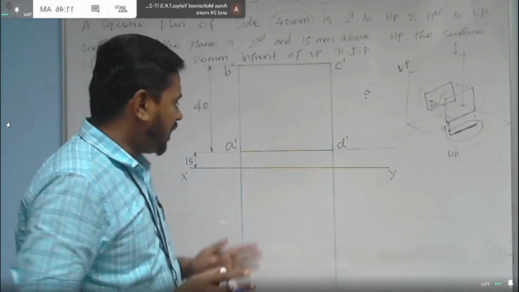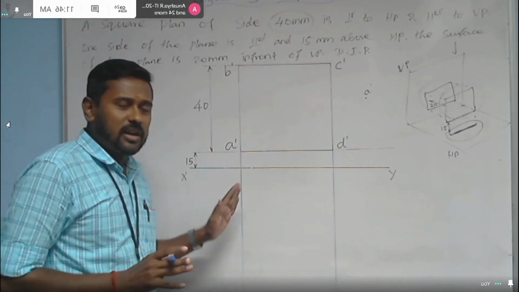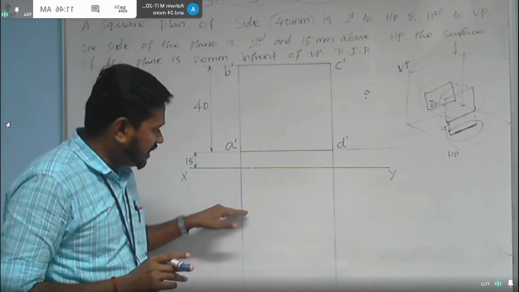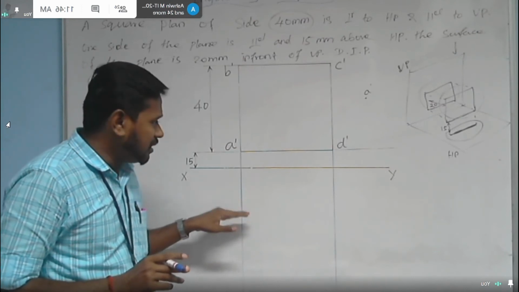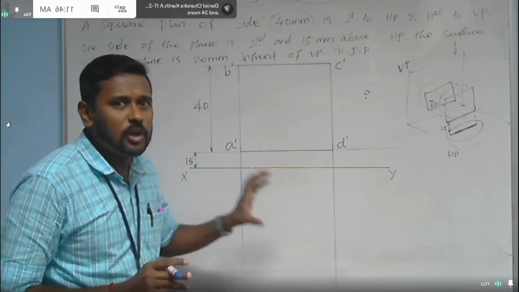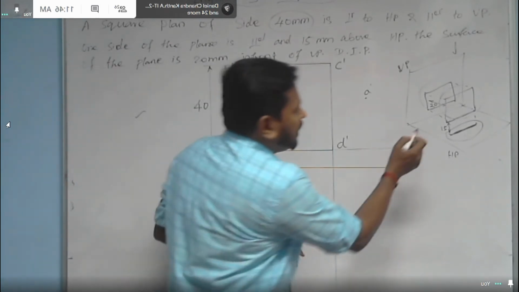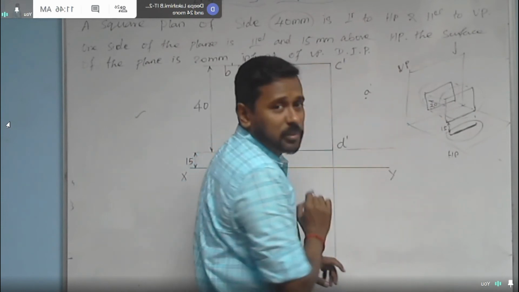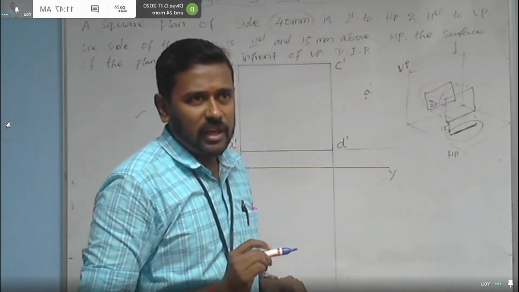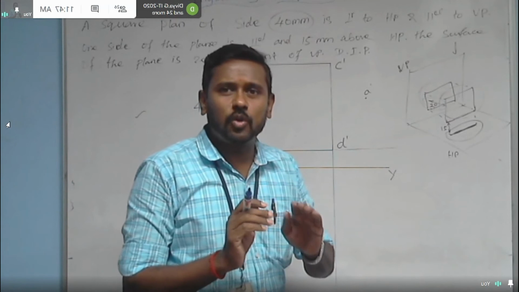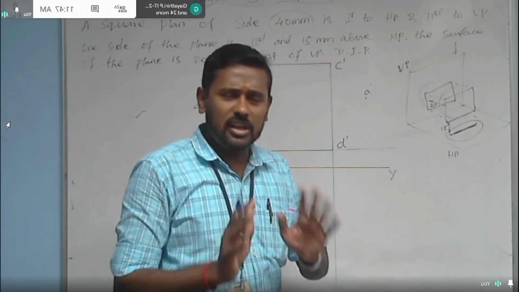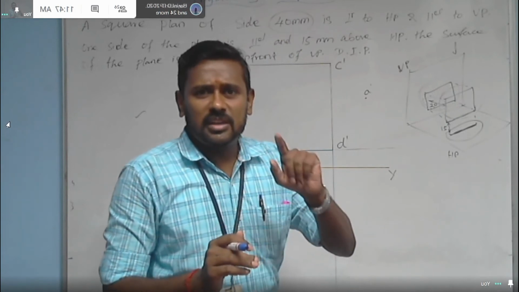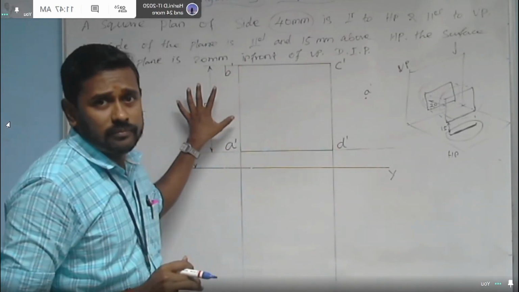And where exactly below? The top view will be a straight line drawn below XY. How much below XY? Actually the plane surface is 20 mm in front of VP. Any dimension of the object with respect to HP is reflected in the front view.